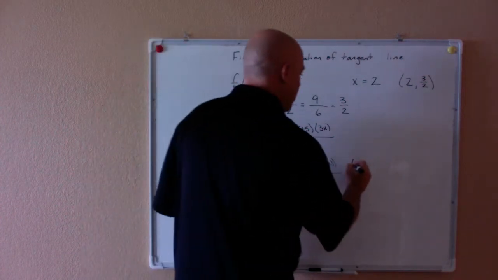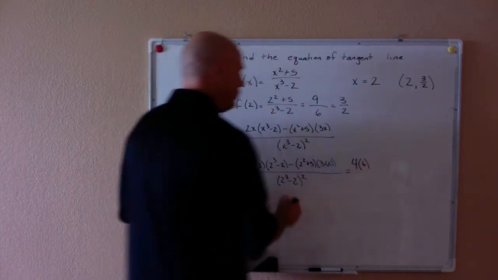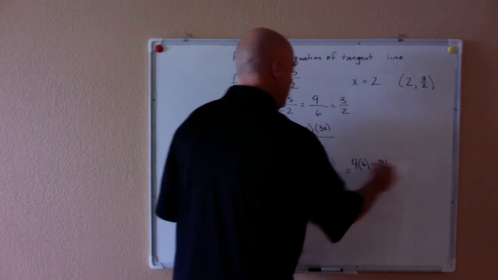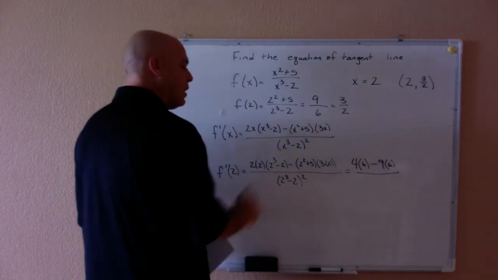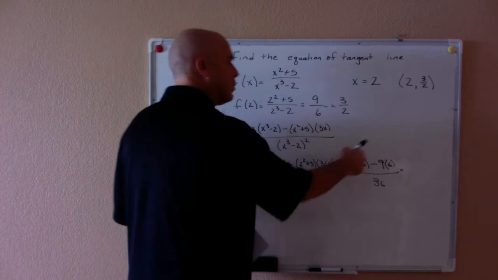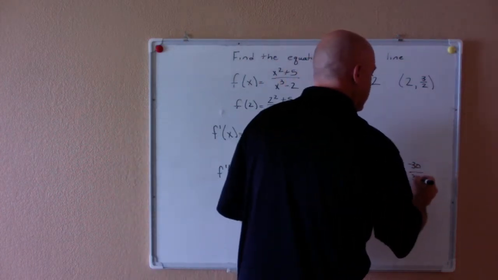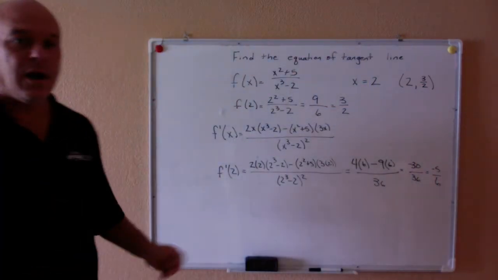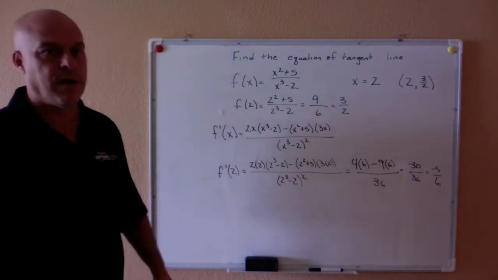That's 2 times 2 is 4, 8 minus 2 is 6, minus 2 squared plus 5 is 9, 3 times 2 squared is 12, all over 2 cubed minus 2, that's 6 squared, which is 36. This is going to be 24 minus 54, which is negative 30, over 36, which reduces to negative 5/6. So arithmetically, this is relatively simple to solve. Remember, I didn't really have to go through and simplify the derivative function at all.